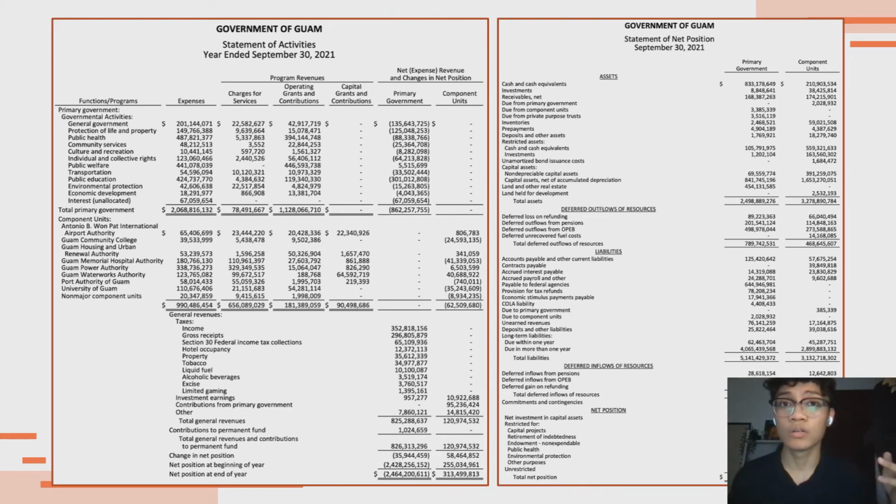On a similar note, all receivables and payables that result from these transactions with discretely presented component units should be reported in the statement of net position, but on a separate line. So you can see here GovGuam's statement of net position. It's not part of receivables, but it is listed as due from component units, and it's not listed as accounts payable. It is listed as due to component units.